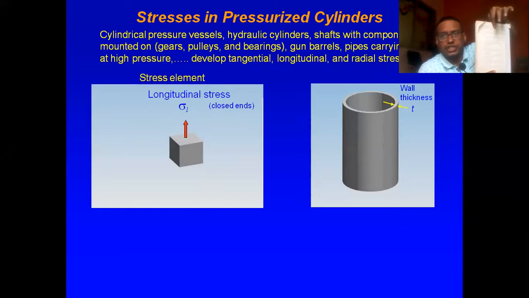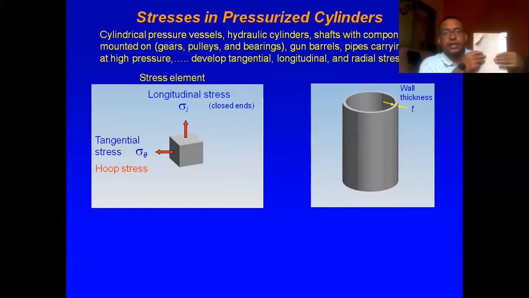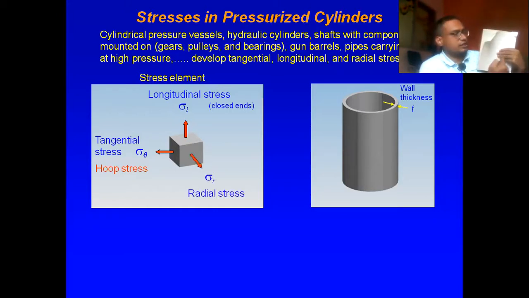Longitudinal or axial stresses we can say. Then the second, the tangential or hoop stresses or the circumferential stresses, that is acting along the circumference. And the third is the radial stresses which is acting in this direction, that is the inner surface and the outer surface.